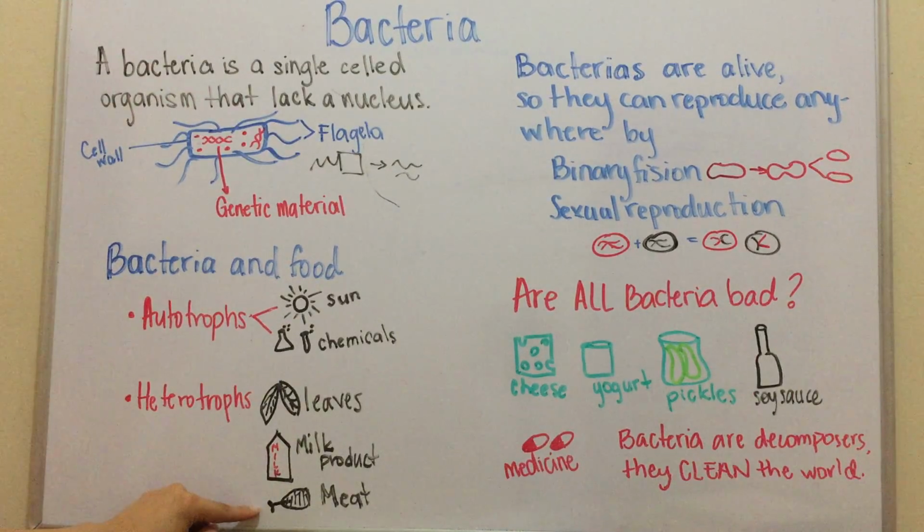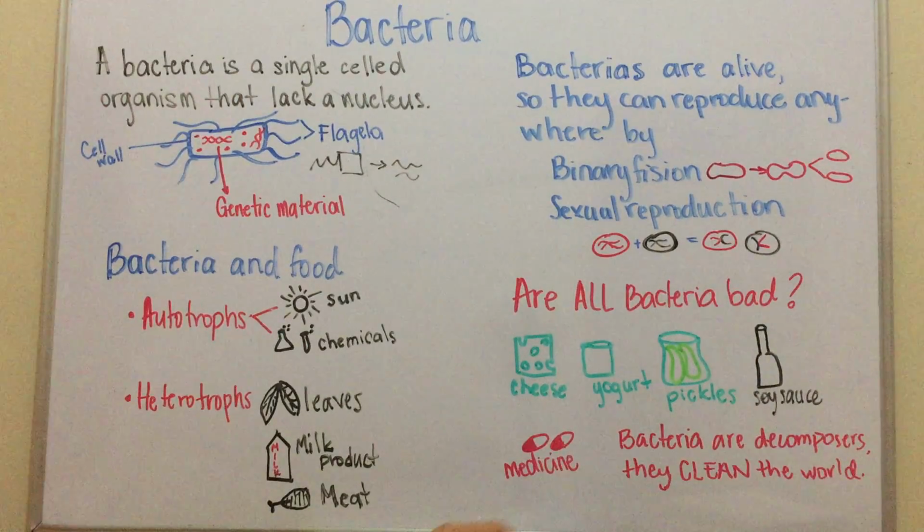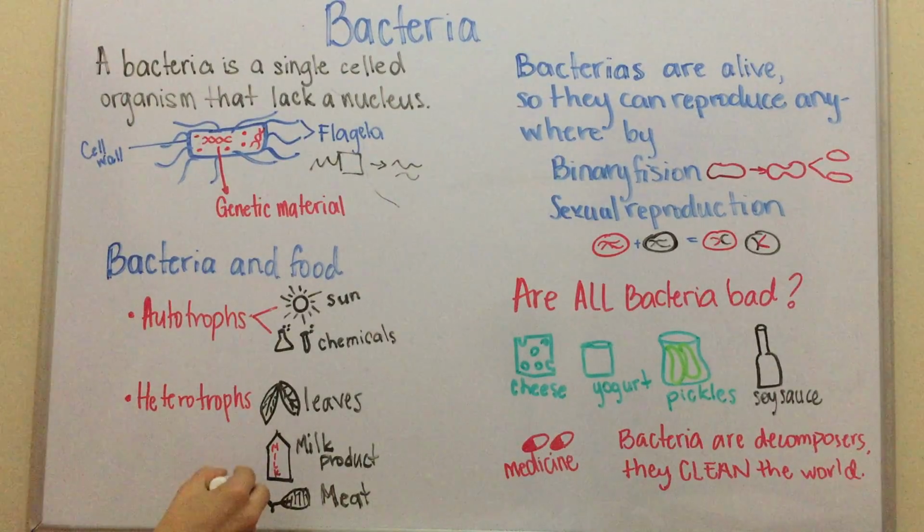And also some bacteria like to live on meat, all right? The ones that like to live on meat are a little bit dangerous. And again, that's the reason why when your mother goes to a supermarket and she buys meat, she always washes it. That's why you need to wash your meat before you eat it. And of course, cook it well so that you kill these bacteria, because the bacteria that live on meat are dangerous.